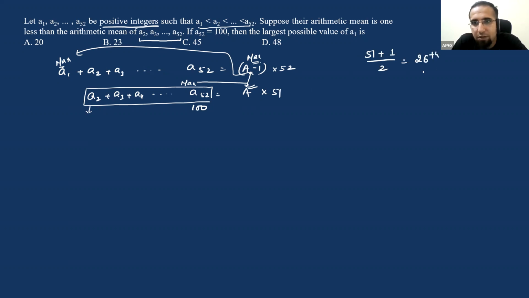That is the 26th term will be the average. I'm converting this series into a series in arithmetic progression. Right? I repeat, the gap between each term should be minimum. And since they are positive integers, I cannot make them equal. So therefore, since they're positive integers, I'm keeping the gap equal to 1. I cannot keep the gap equal to 2 because then it becomes negative. Clear? Now, so A27 is the average.